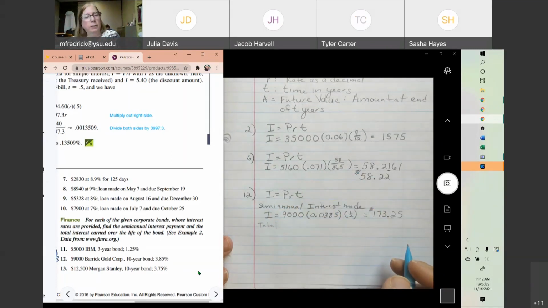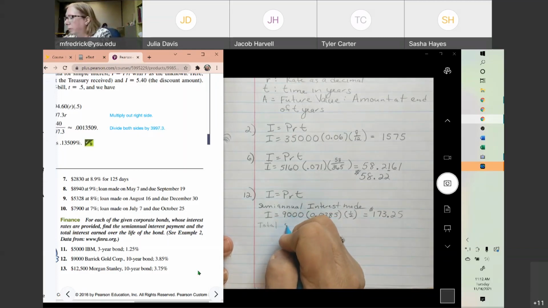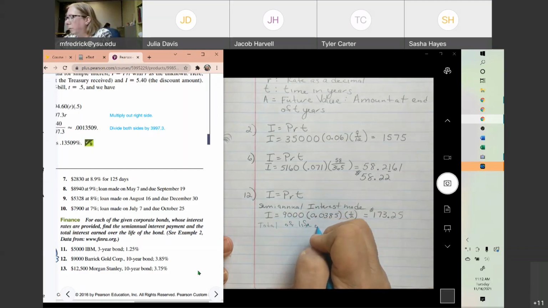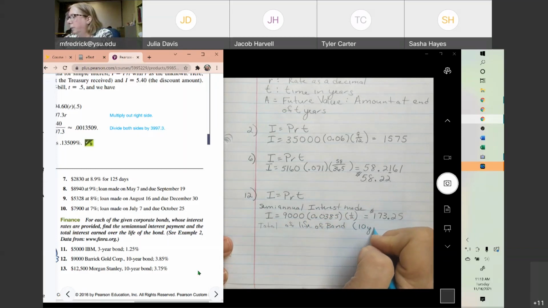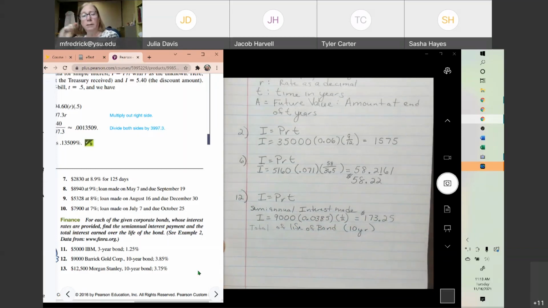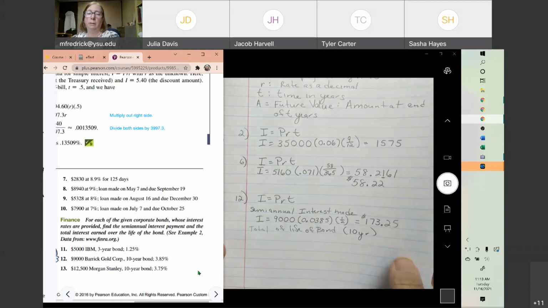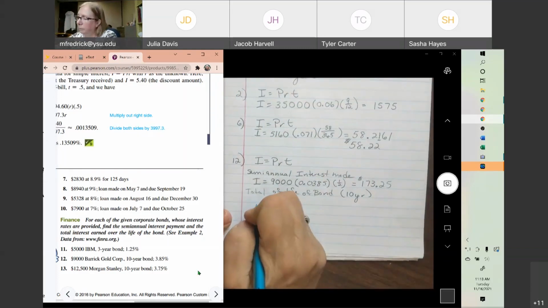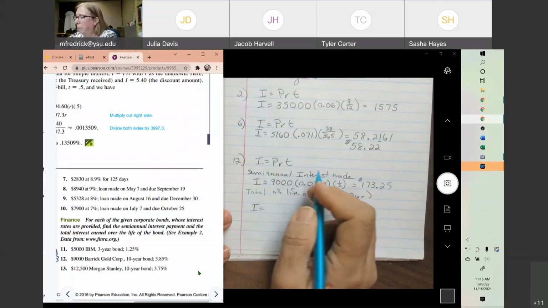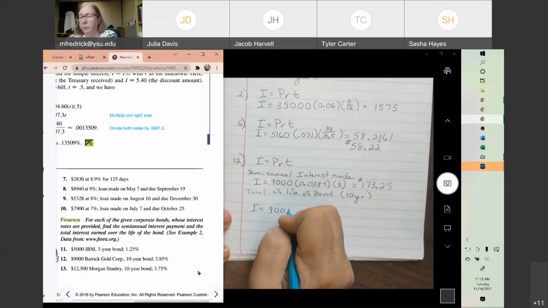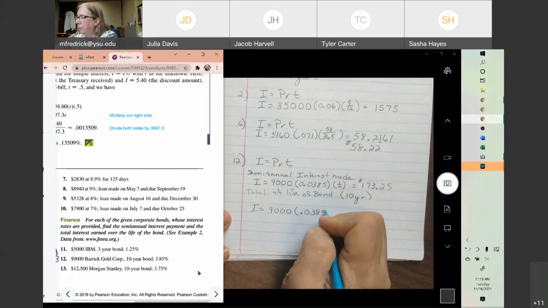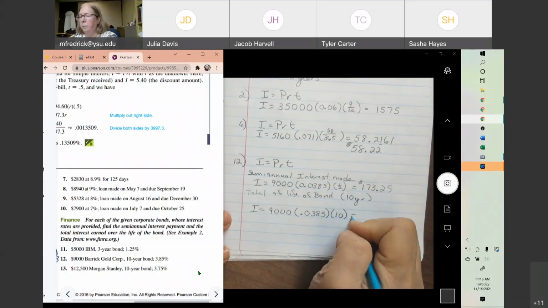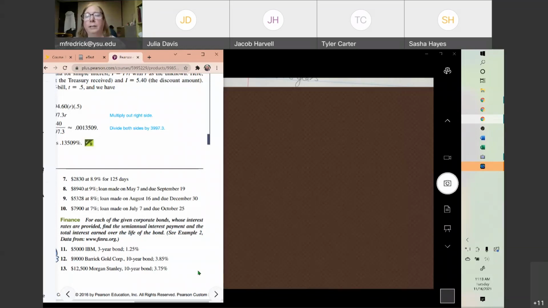The second one says total interest earned over the life of the bond. In this case, this one's a 10-year one. So it's a 10-year savings bond. We're still putting in the 9,000. Our rate is the same, but we're finding out how much we make in the whole life of the bond, which is 10 years.